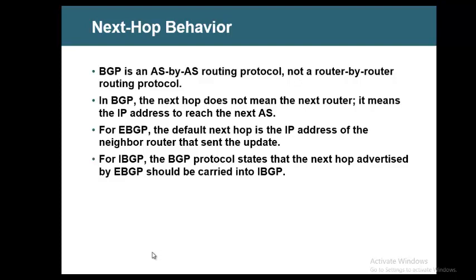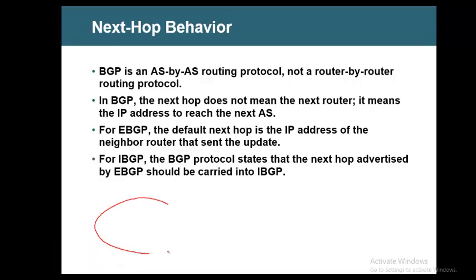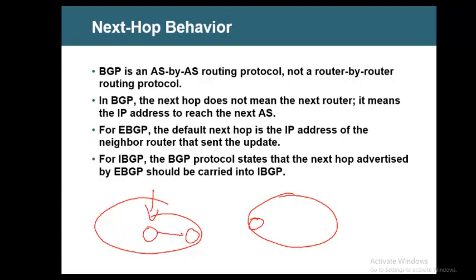For example, if I have two different autonomous systems, and on this router, when I learn this 1.1.1.1, when I learn it here, the next hop address will not be the address of R2, but it will be the address of R3.